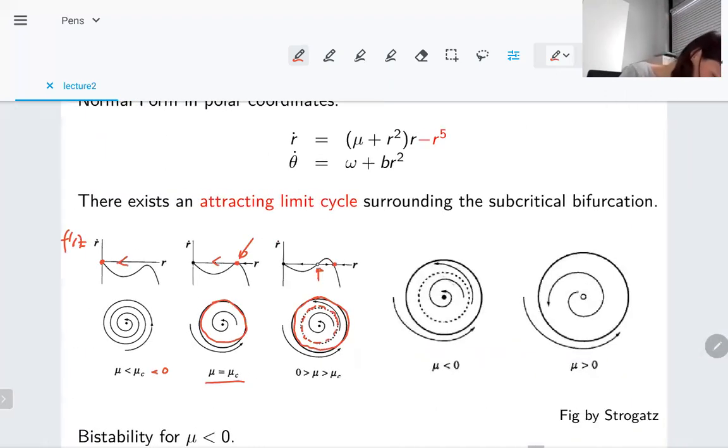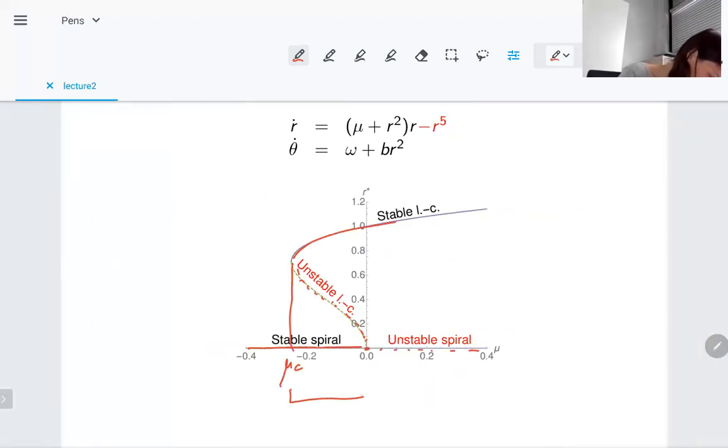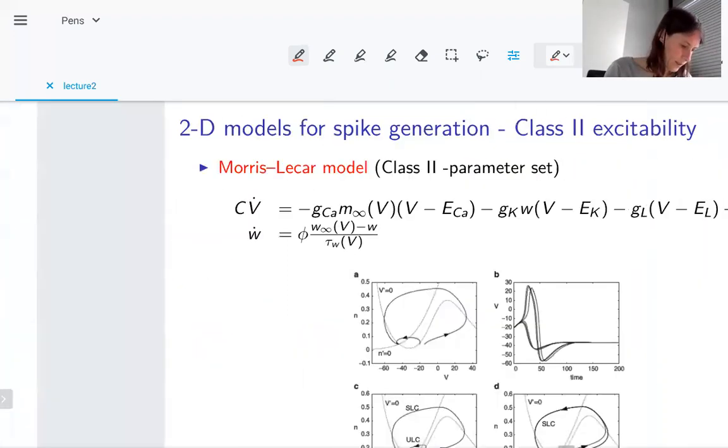And in this region, between mu critical and mu equal to 0, what we have is bistability between the periodic orbit, the stable limit cycle, and the equilibrium point, okay?